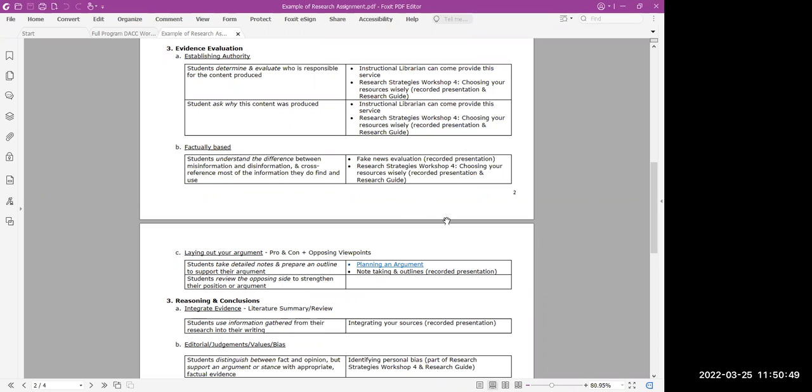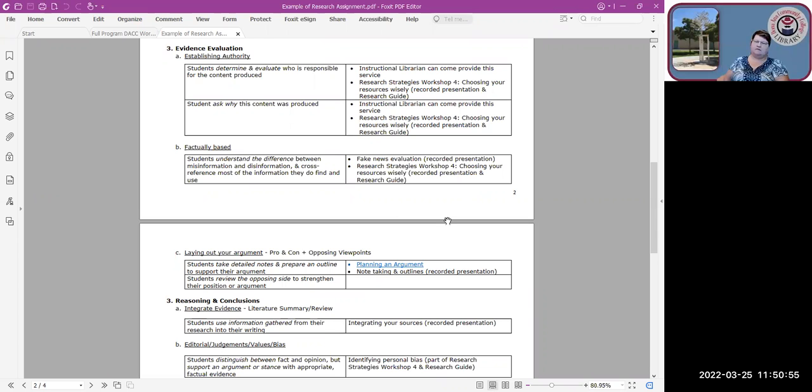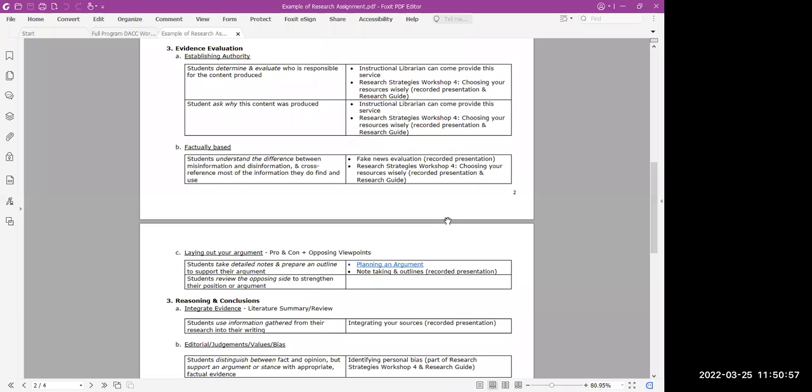And so here's a couple of learning objectives we wrote down here, right? So students determine and evaluate who is responsible for the content produced. I think this is a big step. So much is taken for granted that people are easily fooled into thinking that it's got to be true because they watch this channel or because they follow this person on Twitter.